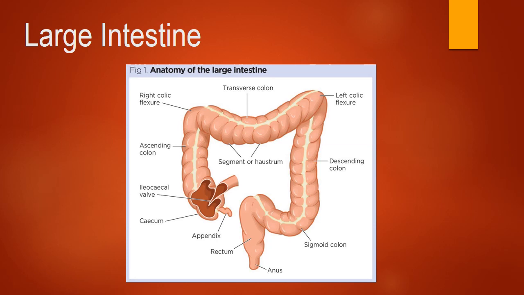And what happens to the remaining waste? The remaining waste passes into the rectum and remains there as semi-solid feces. The fecal matter is removed through the anus from time to time. This is called, very good, egestion.